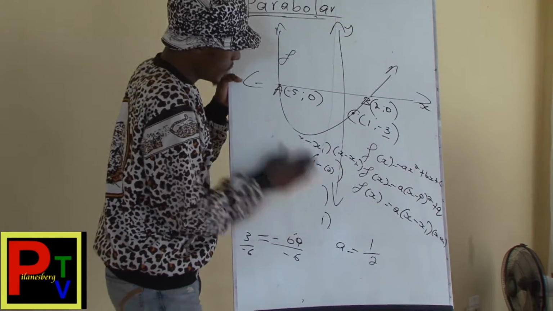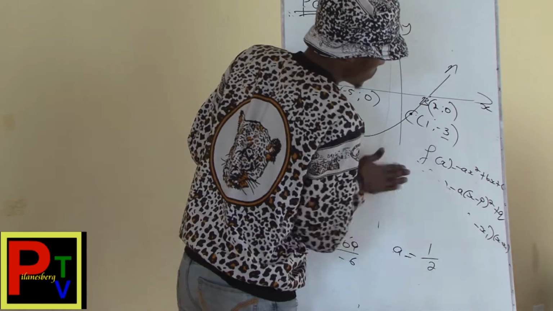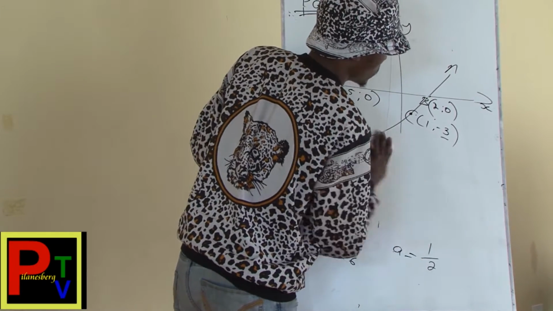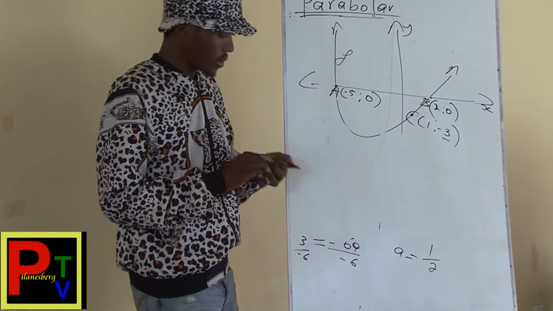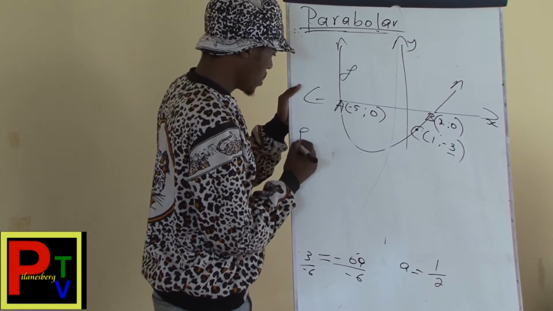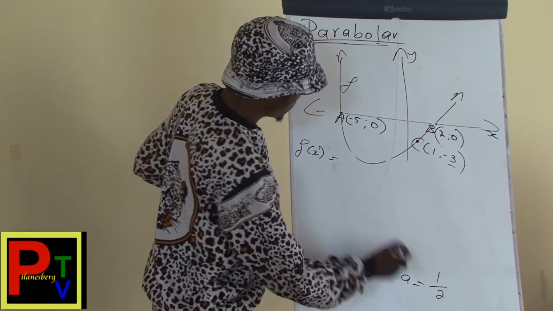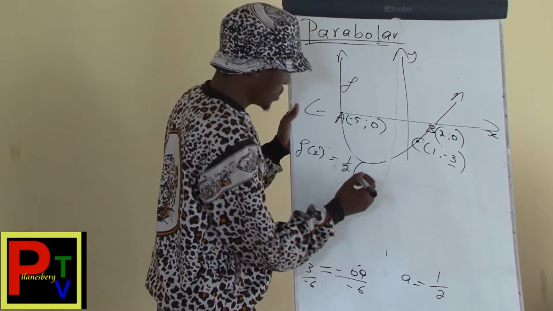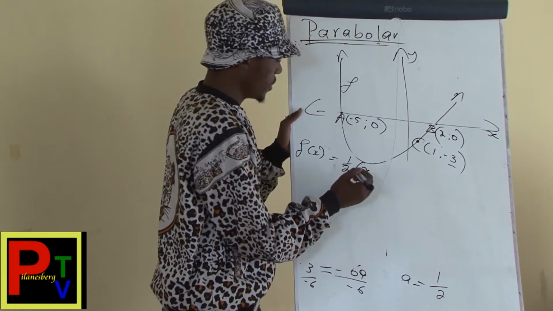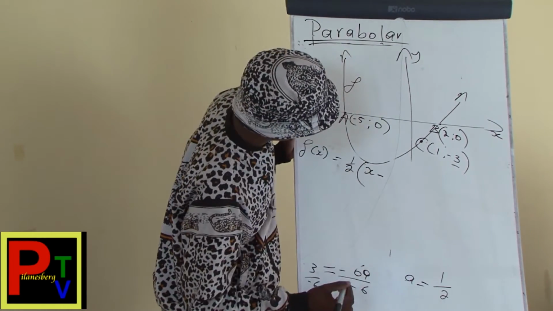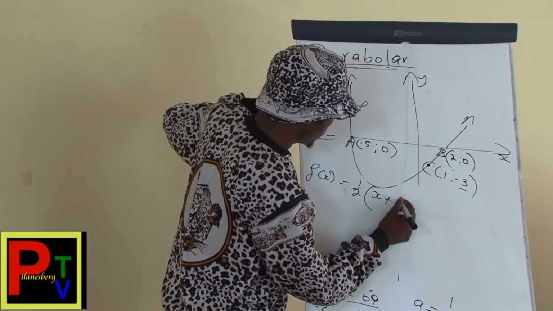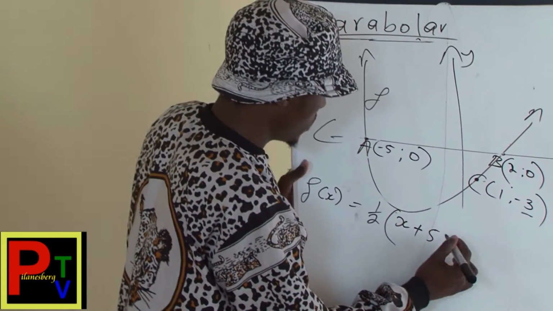Let's see. What do I mean? You have your a. What is your a? It's half. Then you do not substitute the given point. Subtract. What is our x-intercept? This is positive 5 now, because it will be a negative and a negative.